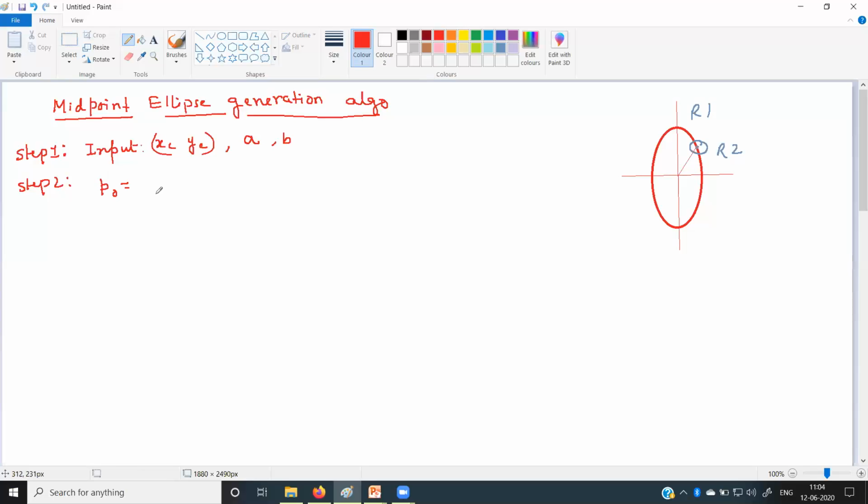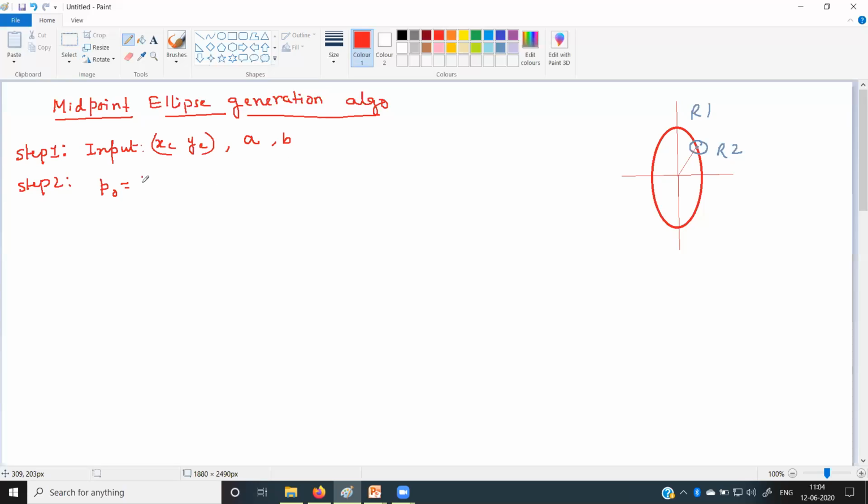Now, as you know, whatever may be the center of the ellipse, to compute all the points on the perimeter of the ellipse, we have to bring the ellipse to the origin. That means the center of the ellipse will be the origin. In that case, if A is the length of the major axis and B is the length of the minor axis, P0 is equal to B square minus A square B plus 1 by 4 A square. Here A is the length of the major axis and B is the length of the minor axis.